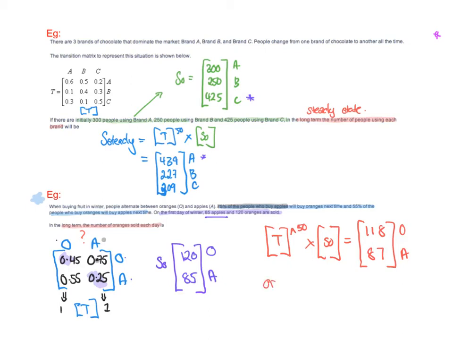So I'd say oranges sell 118 a day, and apples sell 87 per day. As long as you write it out in words and don't just leave it as the state matrix, because they're actually asking you a question, so you should write that out.